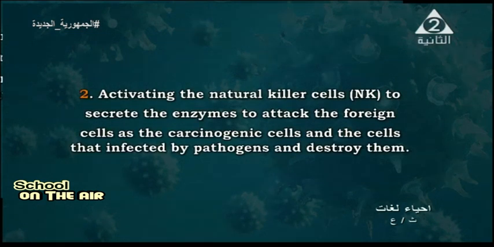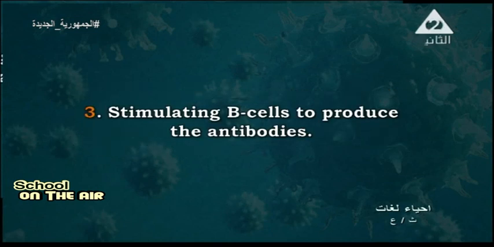Activating the natural killer cells to secrete enzymes from the lysosome, which attack the foreign bodies and cells such as carcinogenic cells and cells infected by the pathogen and destroy them, meaning killing them, by stimulating B cells to produce antibodies.